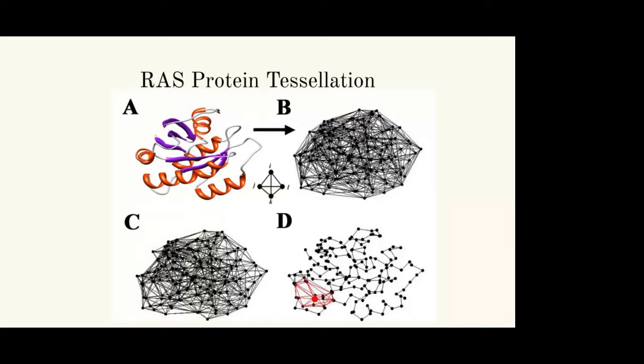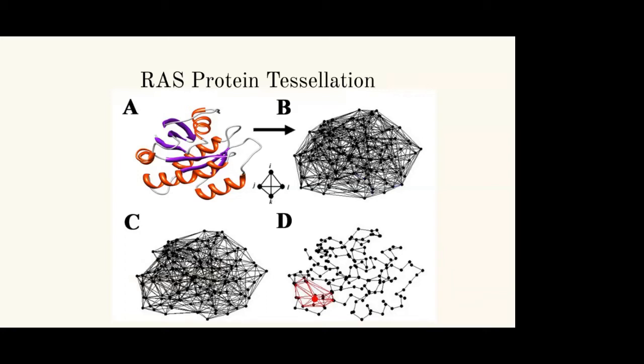Basically from figure A, that's what we needed to generate a Delaunay tessellation, which you see in figure B. A Delaunay tessellation is essentially a 3D tetrahedral mapping of a RAS protein structure. You can see in the Delaunay tessellation a bunch of points and a bunch of vertices connecting those points.